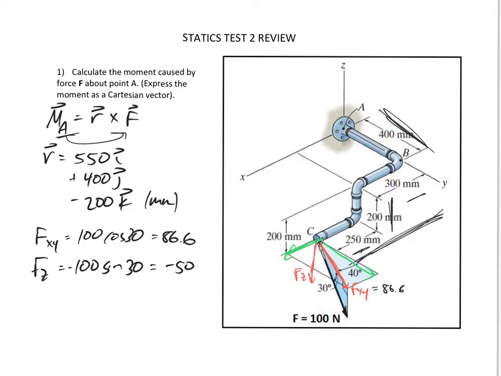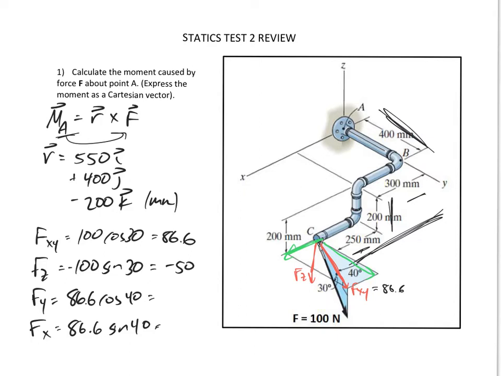So fy would be 86.6 cosine 40, and fx would be 86.6 sine 40, and both of those are in the positive x direction and positive y direction.